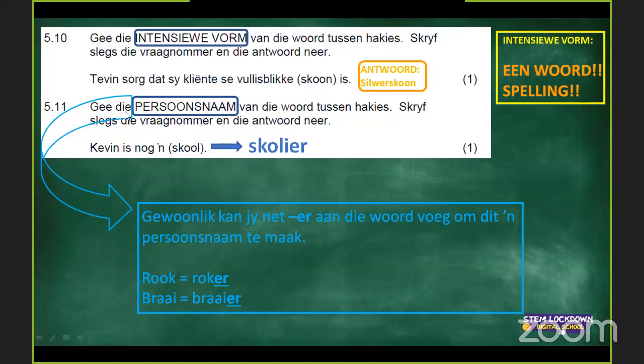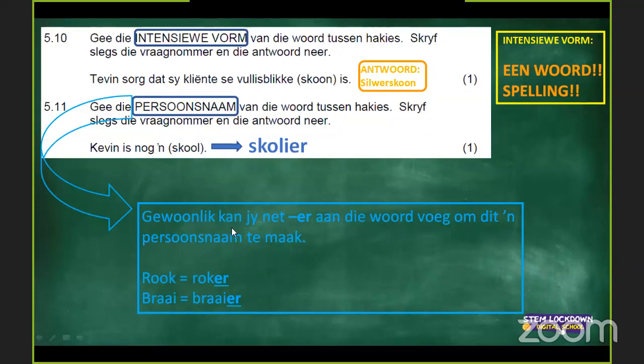Maar dan sê ek hier die persoonsnaam van die woord tussen hakies. Skryf slegs die vraagnommer en die antwoord nee. Right, so ek het hier gesê, you have to form a person, okay, by adding something to the word. So Kevin is nog 'n skool. So if he's a scholar, okay, dan sê hy skoolleer.